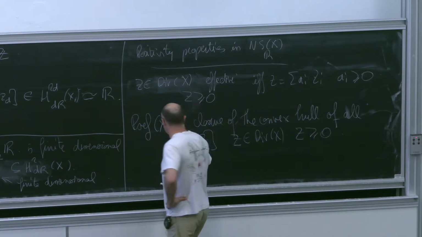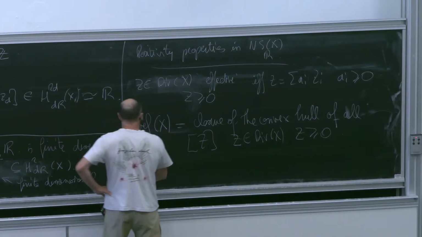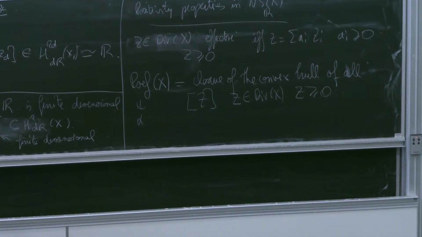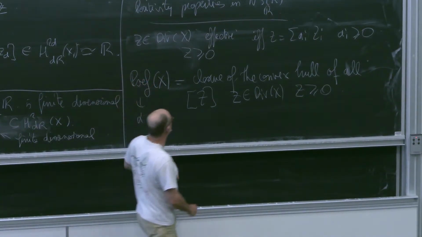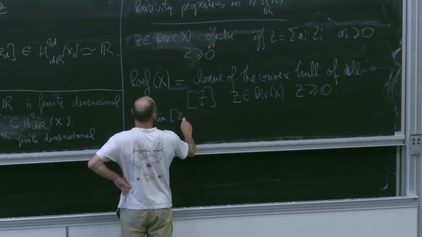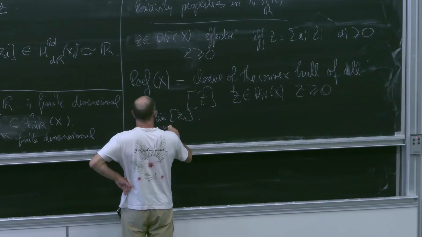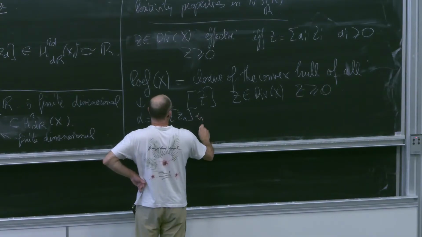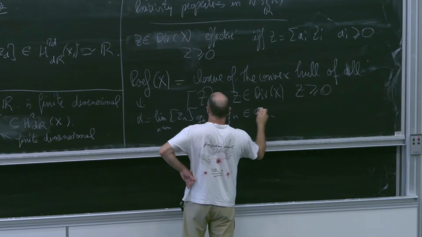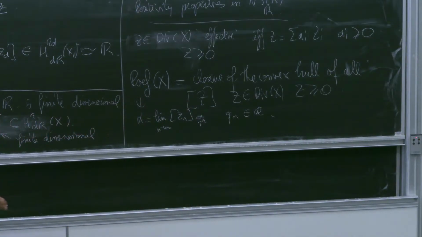So in other words, if you pick an element which is pseudo-effective, it's a real class, so it's inside this finite dimensional vector space, and it's a limit of q_n times Z_n, q_n rational, and such that the Z_n are in Div(X) and effective.